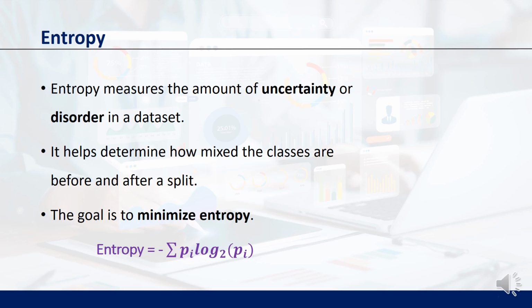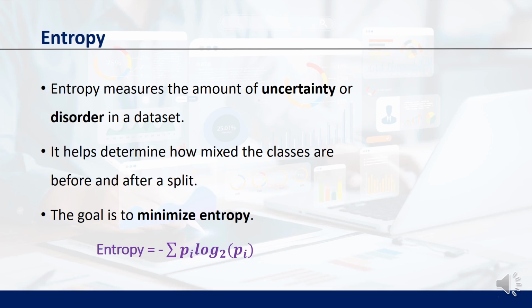If the classes are evenly distributed, uncertainty is high. For a binary classification problem, the maximum entropy occurs when two classes are equally likely. The formula is entropy equals minus summation of p_i log base 2 of p_i. Here p_i represents the probability of each class.